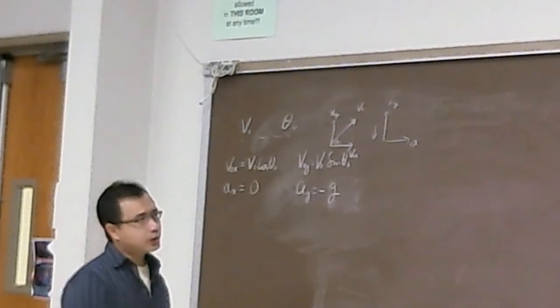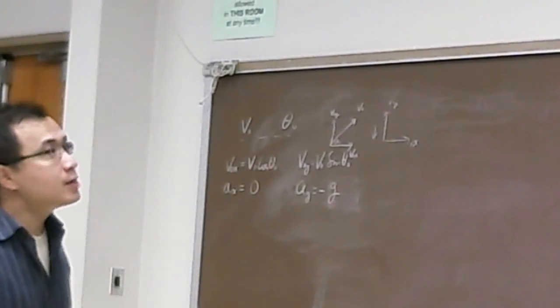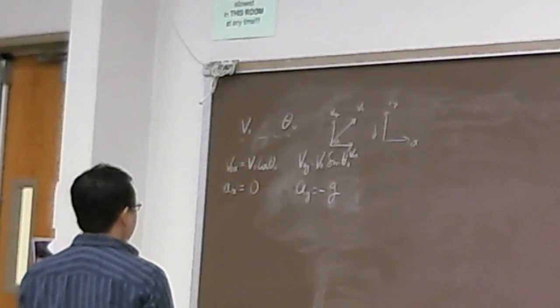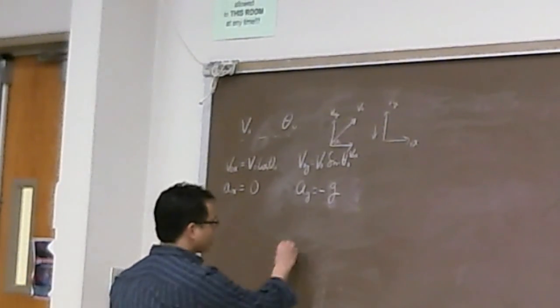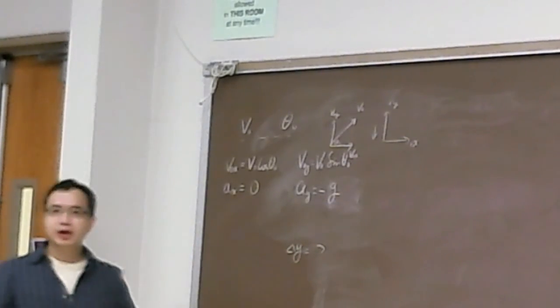Now, first quantity. What's the first quantity we calculate? The maximum height. So, maximum height is delta y. We want to calculate delta y.